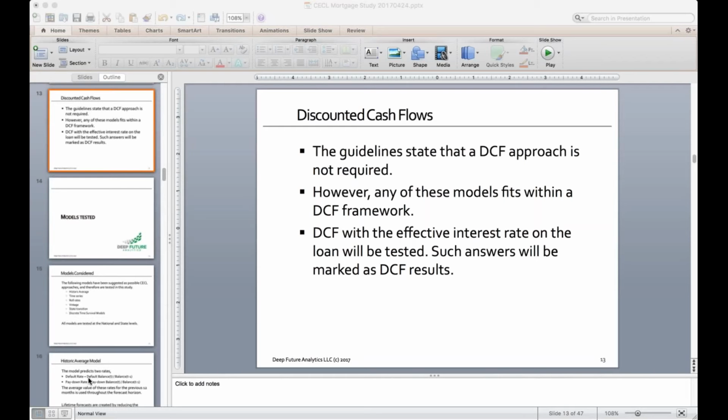We'll also look at another discounting approach, which is simply that if we're making a monthly forecast of expected losses, we could use the time value of money concept on those losses to distinguish that a loss 20 years from now is not as big an issue as a loss 2 months from now. So using the effective interest rate, one could discount the losses and get to a discounted estimate. We'll show you that comparison.